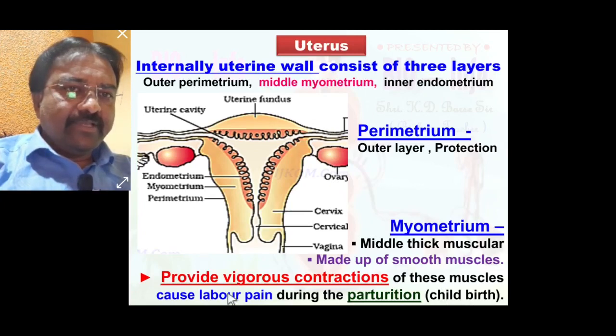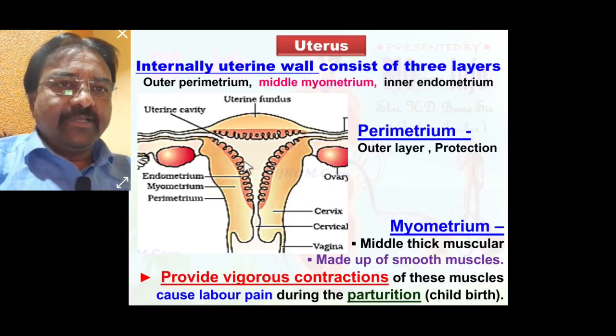So providing vigorous contraction is the most important function of the myometrium. You know that inside the uterus there is complete development of the embryo. So at the time of parturition or childbirth, the completely developed fetus is expelled from the uterus to outside through the vagina.